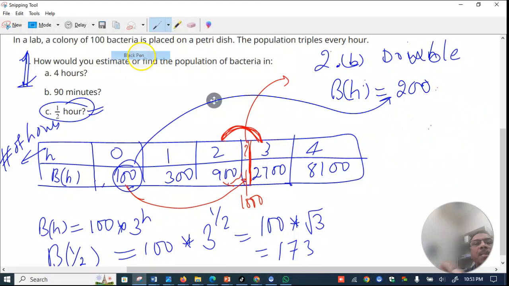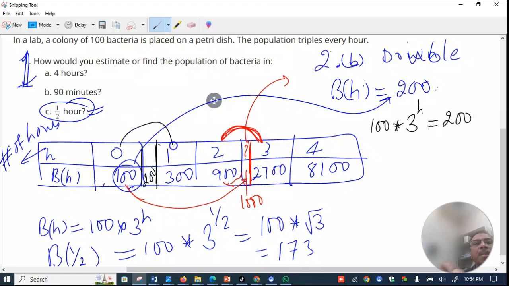So sorry, you need to know 100 was the initial population. Then it is 3 raised to h, and we want to know when it is going to be 200. So 200, if you see the table that I made, is here. This is 200.